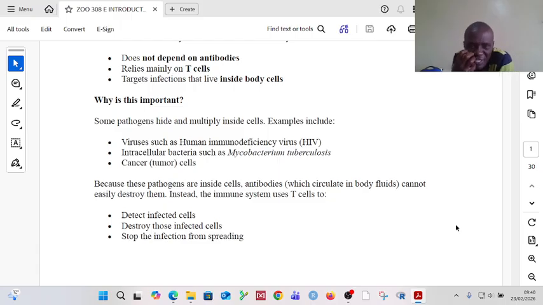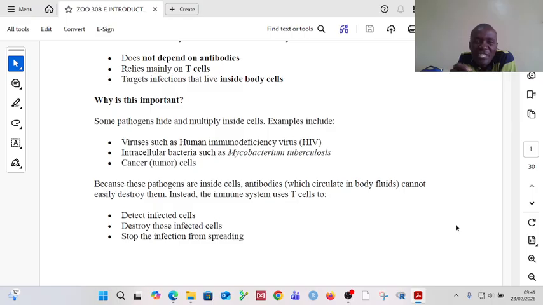Because these pathogens are inside cells, it means antibodies, which are found circulating in the body fluids, the fluids found in between cells but not inside the cell, cannot reach where the pathogens are inside the cells.